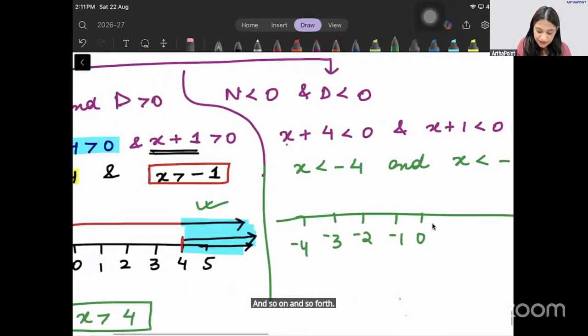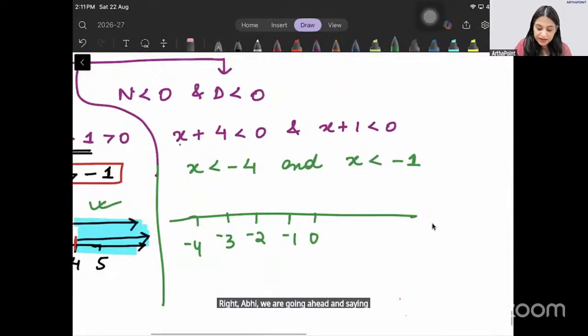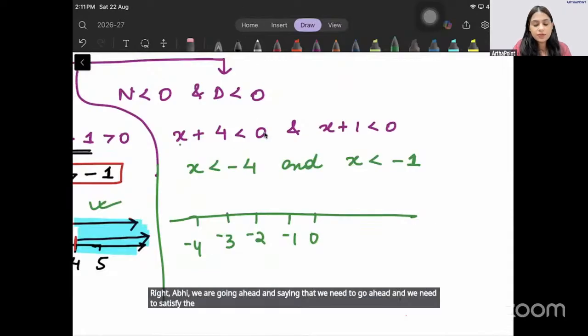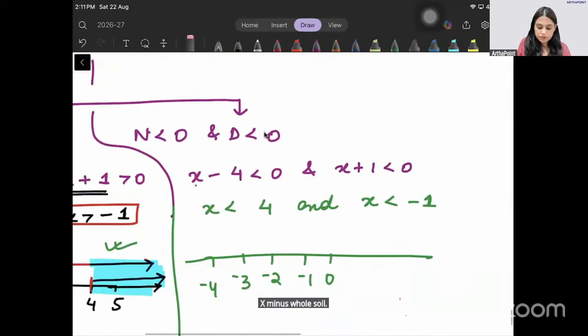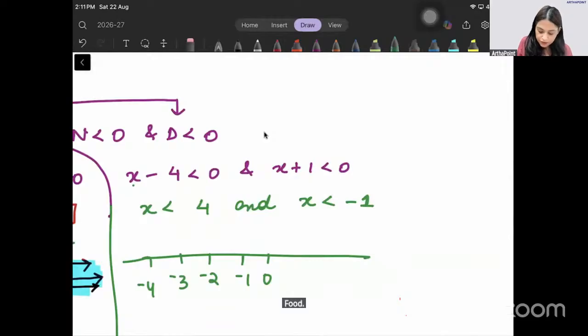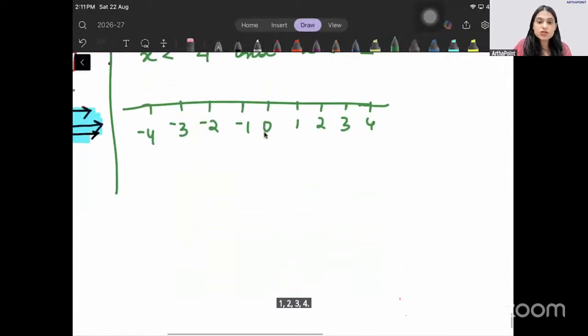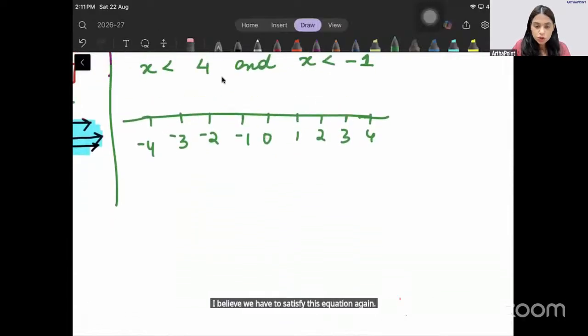Now we need to satisfy this. Okay, 0, 1, 2, 3, 4. Now we have to satisfy this equation again. So x less than 4 means what? It will be here.